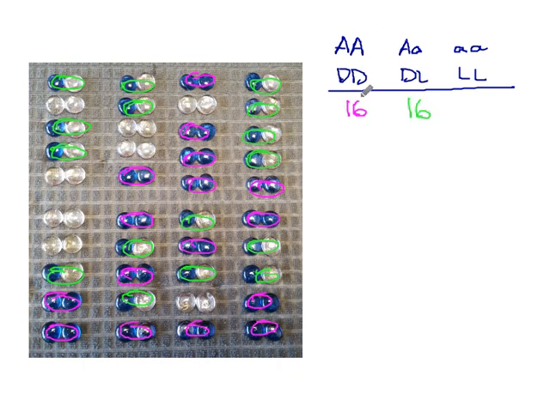And because we know there's 40 of these, 16 plus 16 is 32, there should be 8 of the recessives, and let's make sure that's actually right. I am totally capable of miscounting. 1, 2, 3, 4, 5, 6, 7, 8. Good.